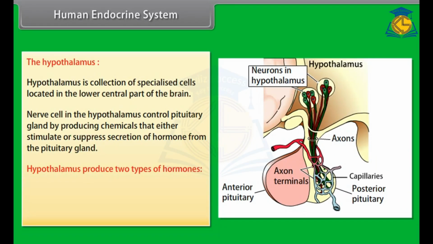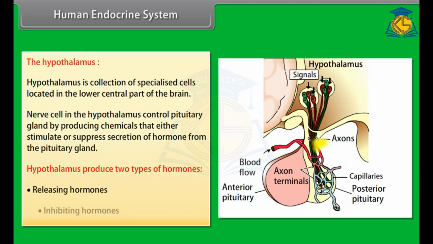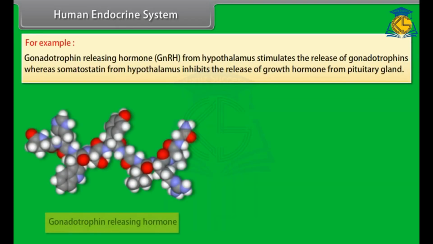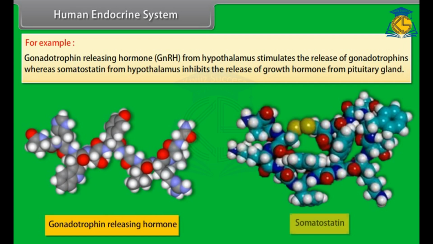Hypothalamus produces two types of hormones: releasing hormones and inhibiting hormones. For example, gonadotrophin-releasing hormone from hypothalamus stimulates the release of gonadotrophins, whereas somatostatin from hypothalamus inhibits the release of growth hormones from pituitary gland.